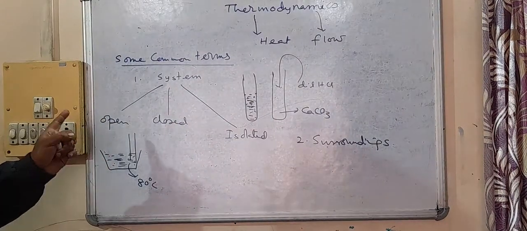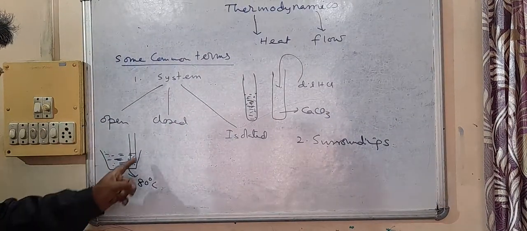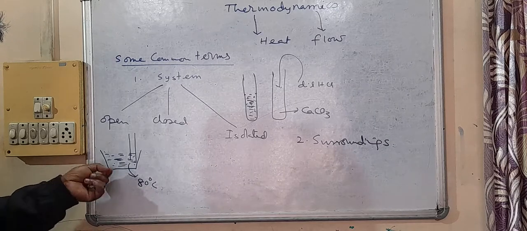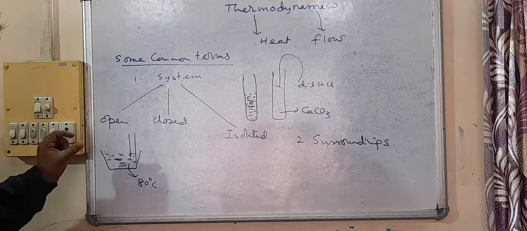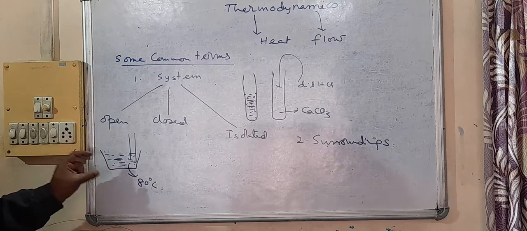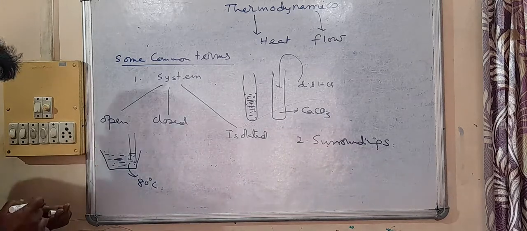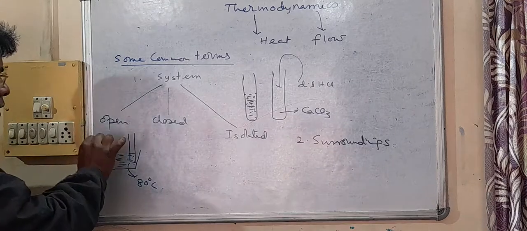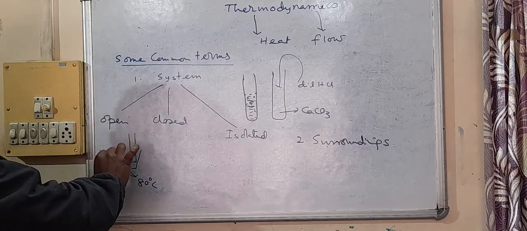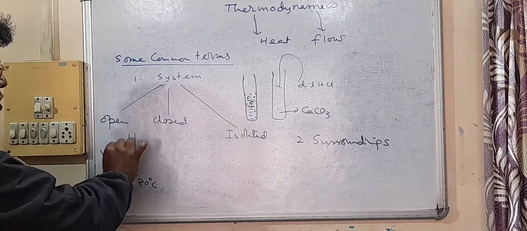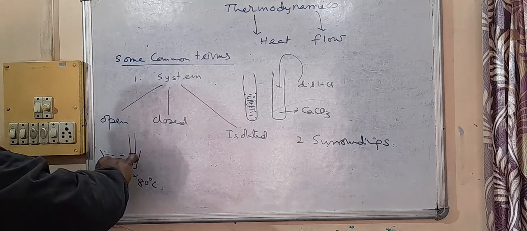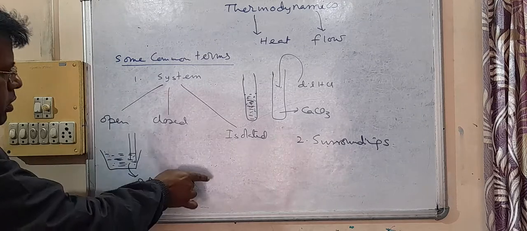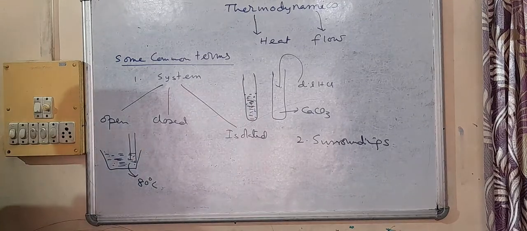Okay, so coming back, what is open system? We have water here at 80 degrees Celsius. We are trying to measure the temperature of water with the help of thermometer. This forms an example of open system. Why open system? Because this system will be able to exchange energy with the surrounding. It can also exchange mass with the surrounding.